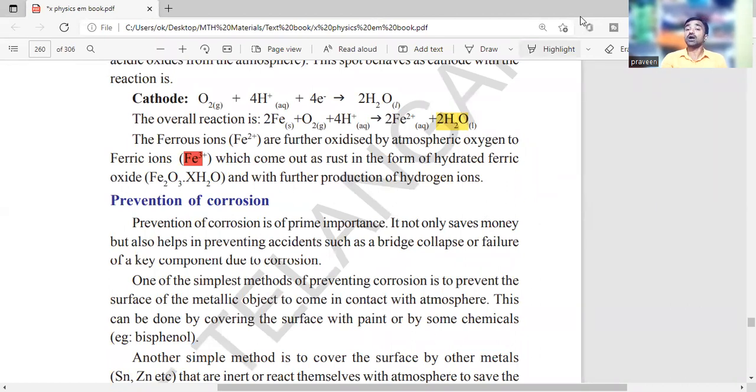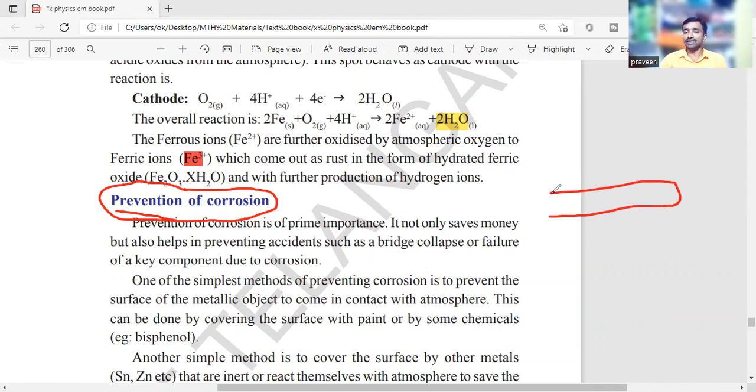Is it possible to control that electrochemical process? Yes, we are able to control that process, and that is prevention of corrosion. If the electrochemical process is taking place, the metal will be corroded. If you are able to control that process, the metal will be preserved for a long time without any corrosion.